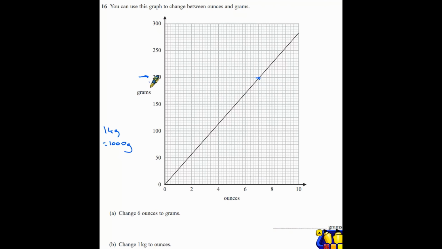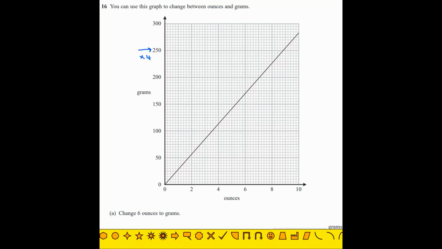That would be 200 grams, and then you could multiply that by 5, because that would also give you 1,000. In fact, the way I'm going to do it is different again. I am going to measure 250 grams, and then I'm going to multiply that by 4, because again that will give me 1,000. So let's do that.